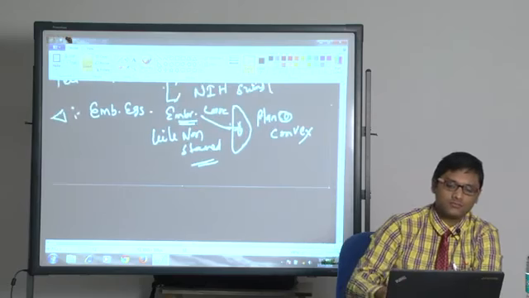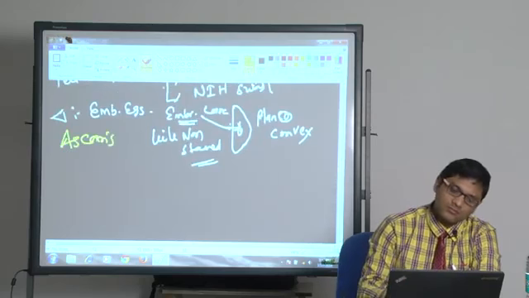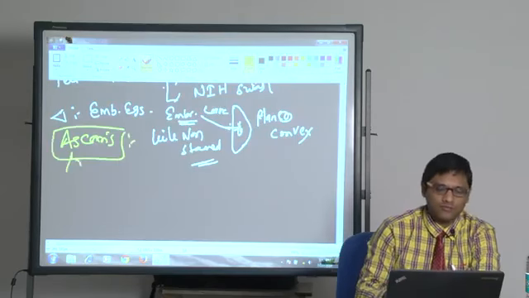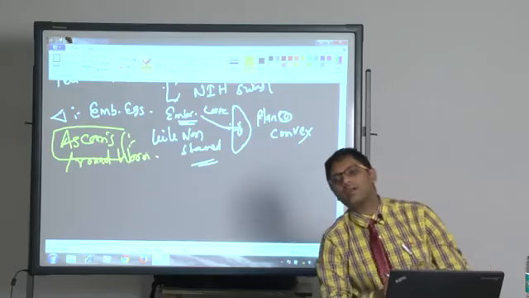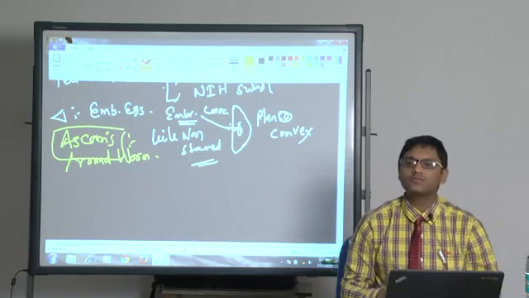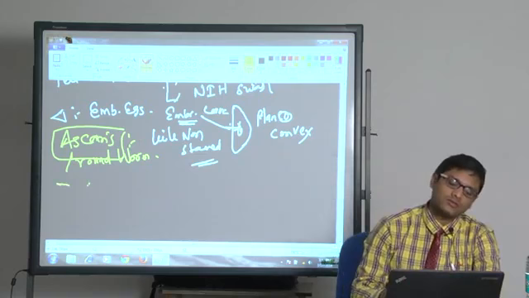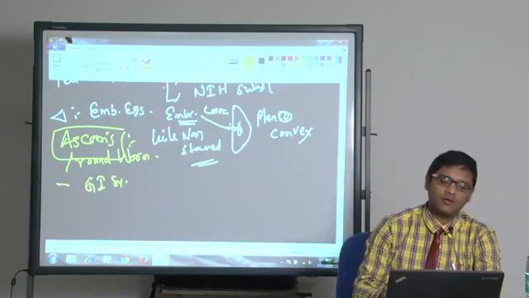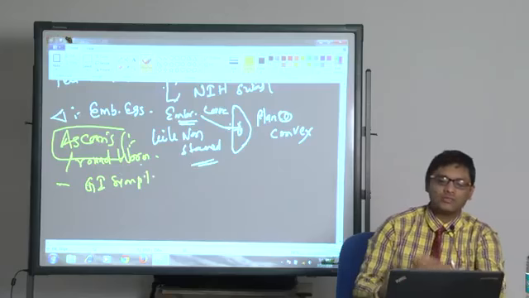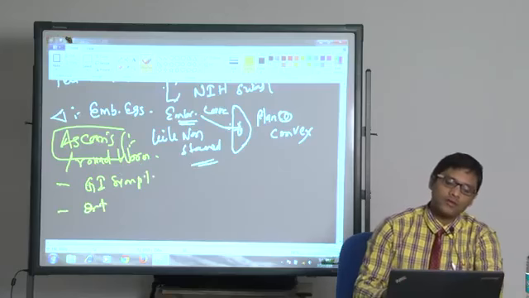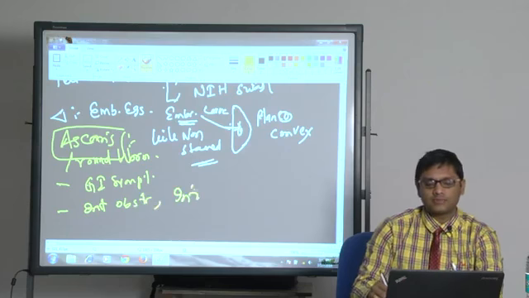Ascaris. Ascaris is also called as roundworm, and Ascaris of course is one of the longest worms infecting man, and it is so long that apart from the other non-specific GI symptoms, because of the length it can twist and can cause intestinal obstruction, sometimes even intussusception.